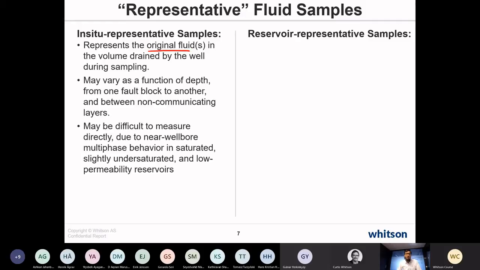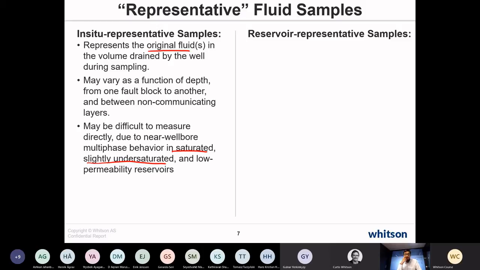again, these in situ representative samples may be difficult to measure directly, because we may have these near-wellbore multiphase behavior effects, especially if we have low permeability reservoirs where we know that the drawdown is usually very high, or if we have saturated reservoirs or slightly undersaturated reservoirs where we know that during sampling the pressures can go below the saturation pressure, and we might end up getting two phases flowing into the wellbore.